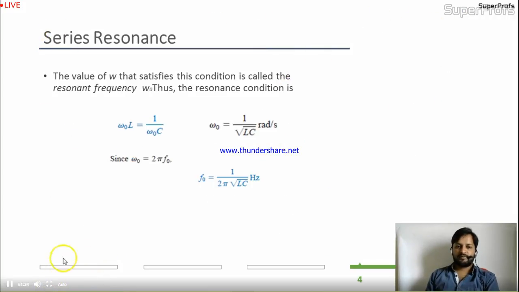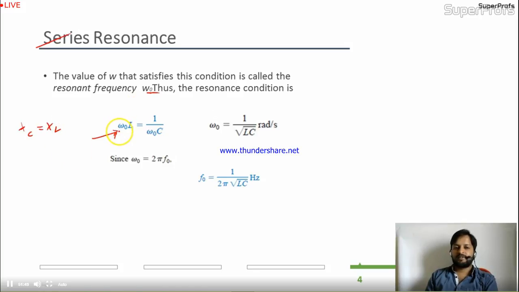So in the series resonance, the value of omega that satisfies the condition is called the resonance frequency omega naught. Thus the resonance condition means the frequency which satisfies this condition, meaning the imaginary part will be 0 or the capacitive reactance will be equal to the inductive reactance.